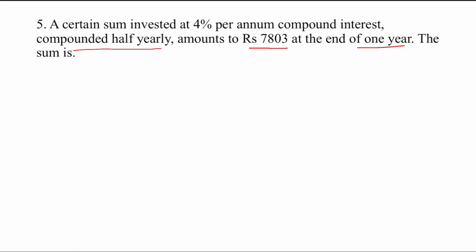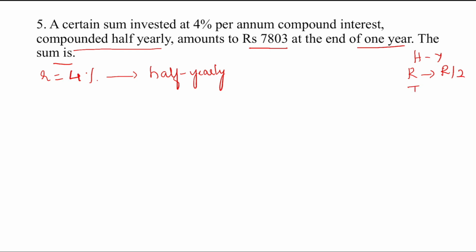So the sum is how much? So rate of interest is given as 4% and it is compounded half yearly they are saying. In simple interest we have seen that for half yearly, the rate is always r by 2 and time is always 2t, isn't it?